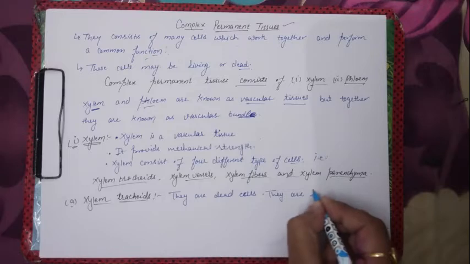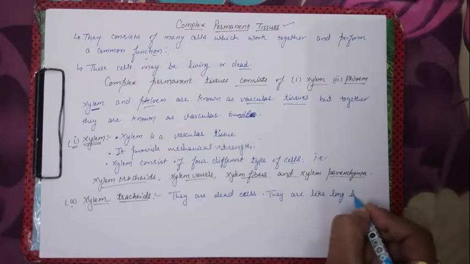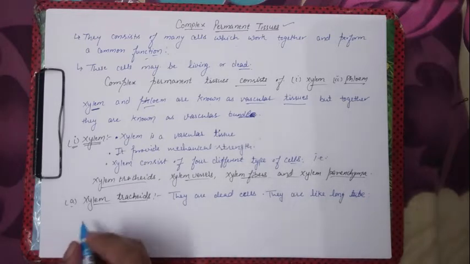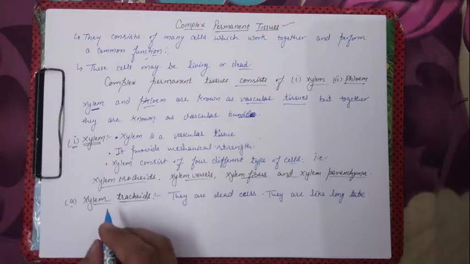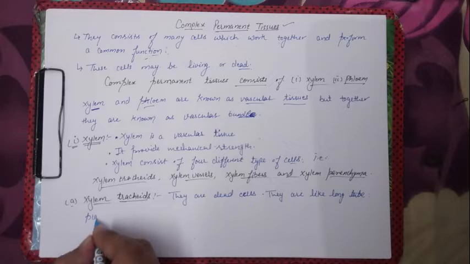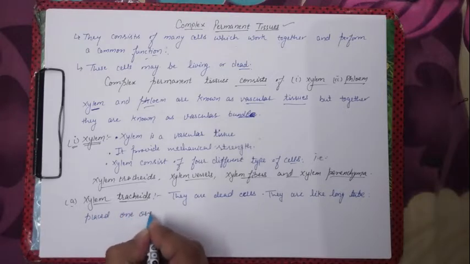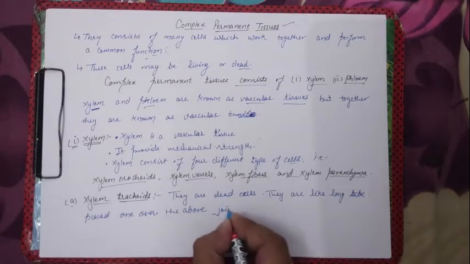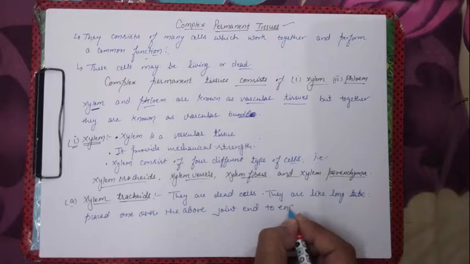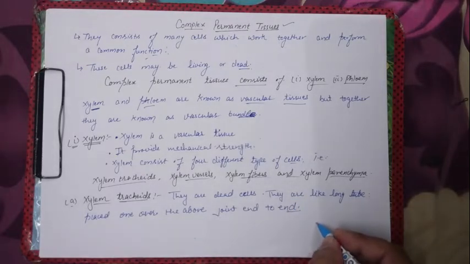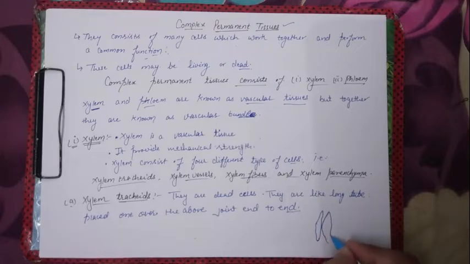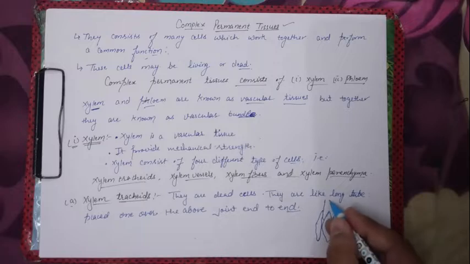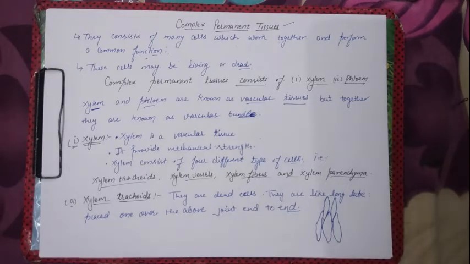They are like long tubes placed one over the other, joined end to end. These are the tracheids.